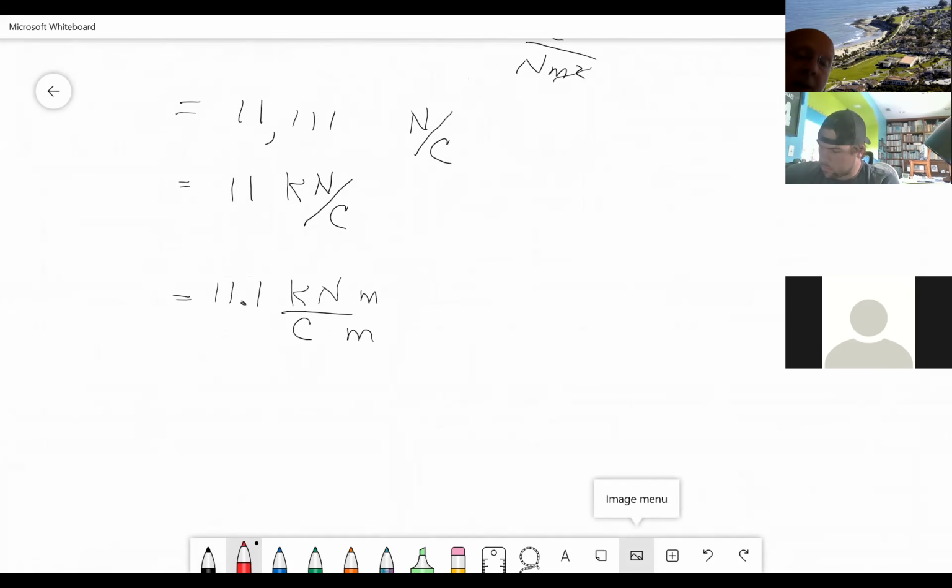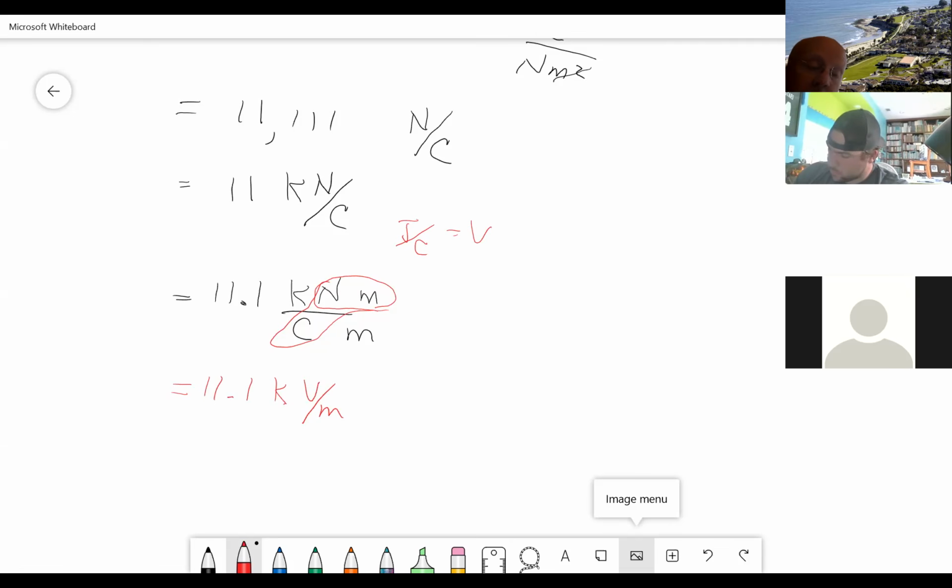But then this Newton and meter together is a joule. And if you group that with the Coulomb, that would be a joule per Coulomb, which is the unit of a volt. So you could write the electric field as a volt per meter instead of a Newton per Coulomb.